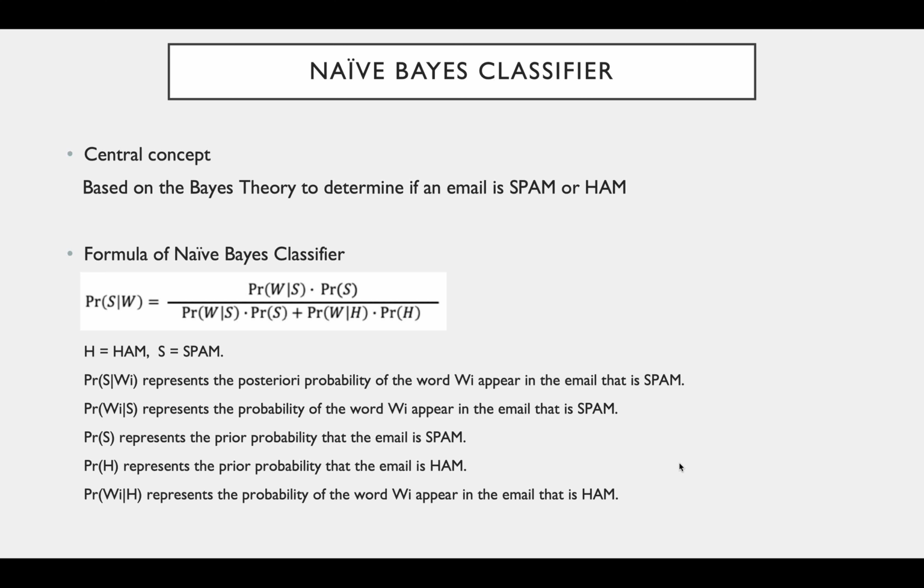So after calculating all these values, we can use the formula to compare the conditional probability of S given that W occurred with the conditional probability of H given that W occurred. So we can classify the email based on this formula.